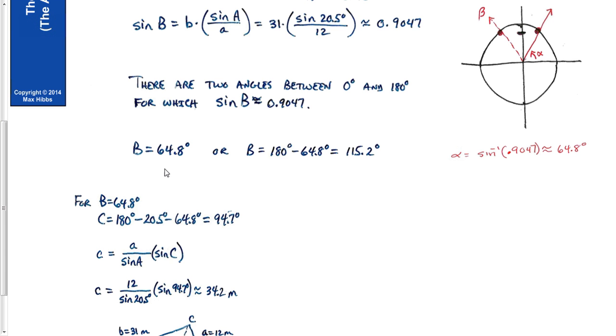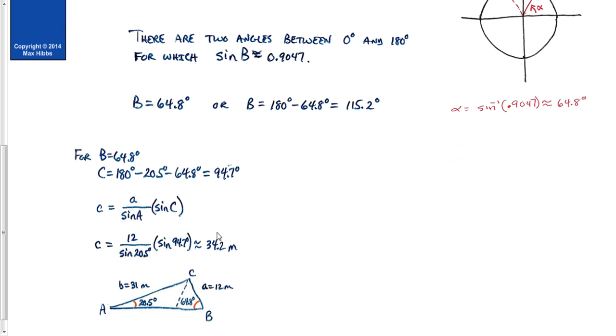So if B is 64.8 degrees, angle C is 94.7 degrees. We have no obtuse angles in this case.